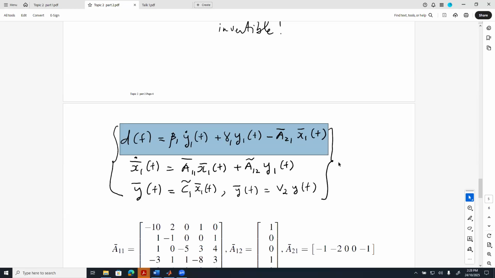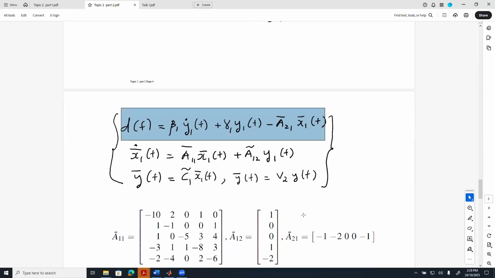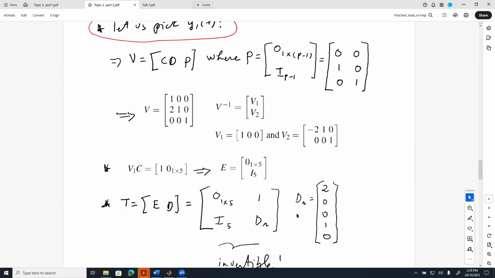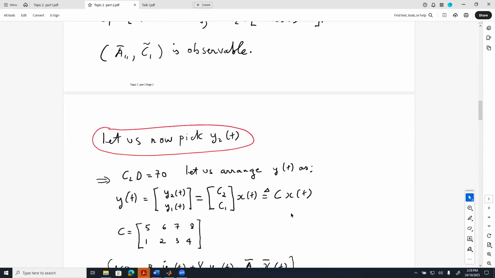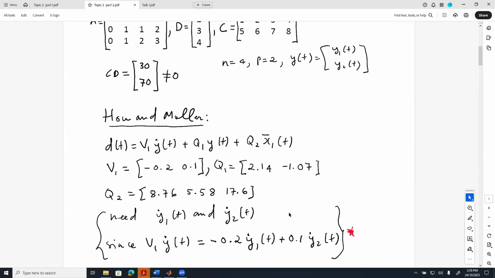And of course, it is required that whichever output we pick, it has to satisfy the matching condition. In other words, the matrix C i times D has to be non-zero if we select yi of t to be used or to explicitly express it in terms of the unknown input. Okay, so we went through a number of numerical examples, and we show how it can be easily done.